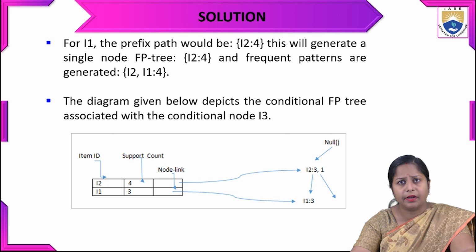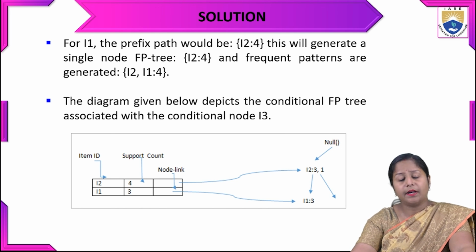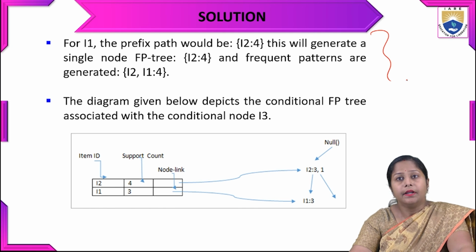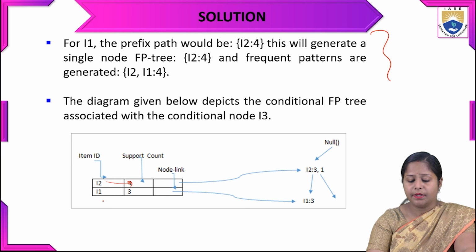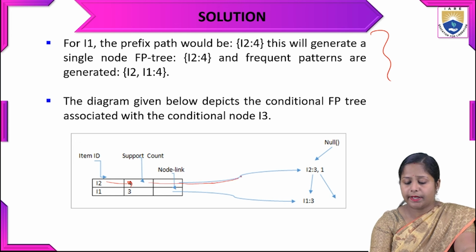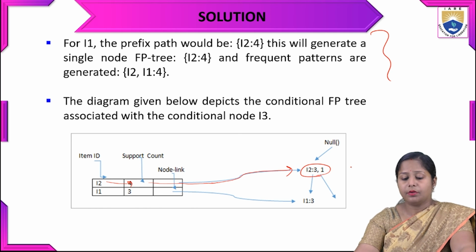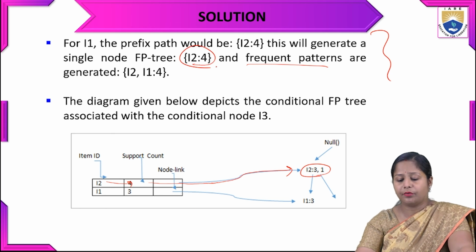Now for the item I1, the prefix path would be I2, which was for 4 times, and this will generate a single node FP tree. So I2 will be for 4 times, that will be linked to I2 for 3 times. So the frequent pattern will be I2 for 4 times.